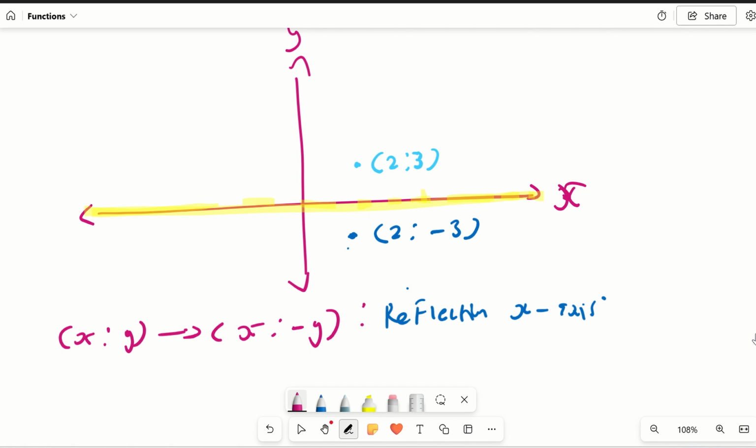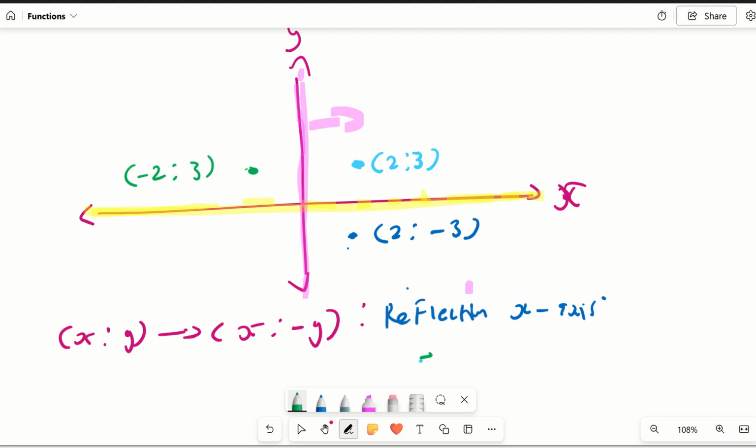Now, consider the same point. You reflect it through the y-axis. That is, you put a mirror on top of this line, the y-axis, facing this direction. This would reflect a point somewhere there. The coordinates of this point will remain the same, except for the x. The x will just change signs and become negative.